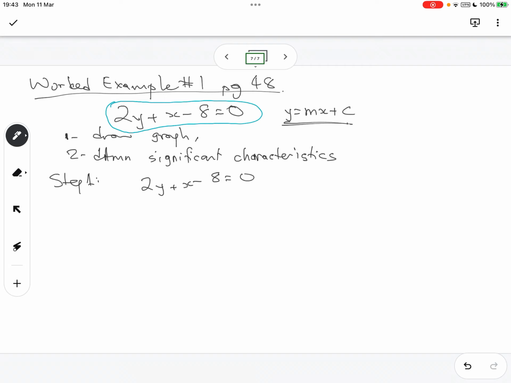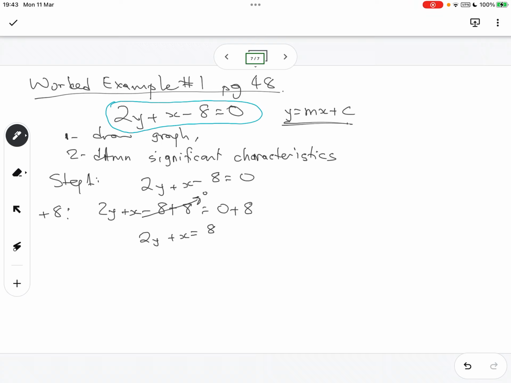So we start off by saying, let's put additive inverse there. So plus 8 on both sides, so that 2y plus x minus 8 plus 8 equals 0 plus 8. Right, so these are going to cancel each other out to give 0. So we're left with 2y plus x equals 8.